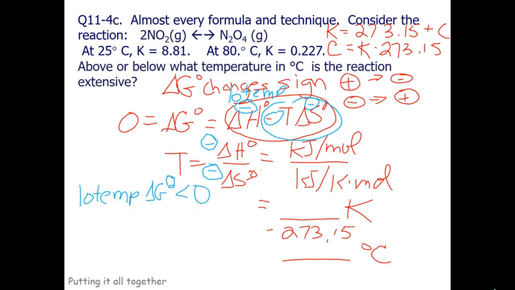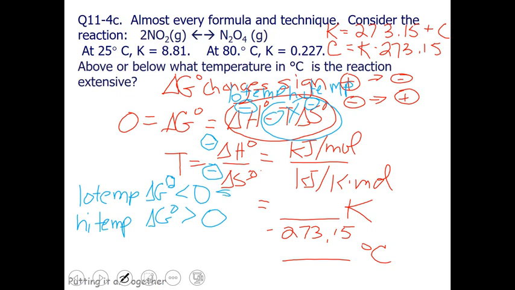Delta S is negative, but the entire term, which is known as the high temp term, is minus T delta S. So that means at high temp, delta G naught will be a minus times a minus, so it will be greater than 0. Of course, you know that less than 0 means spontaneous, and greater than 0 means non-spontaneous.